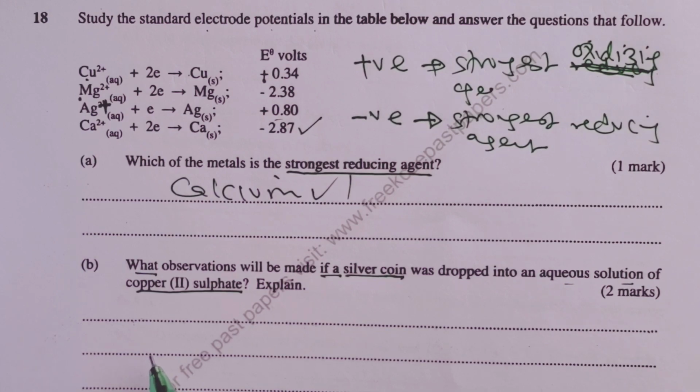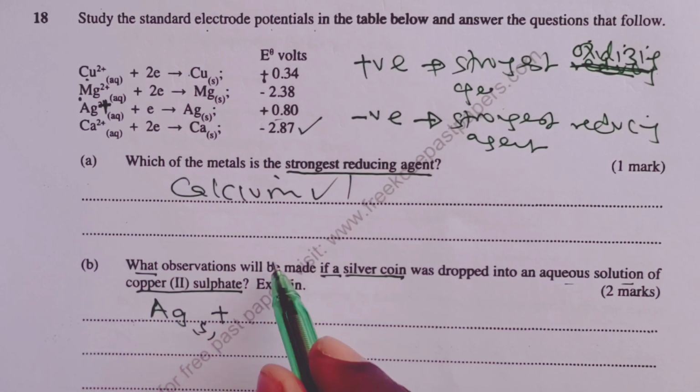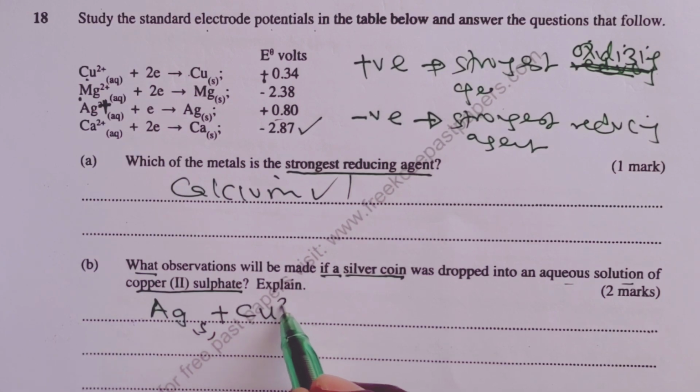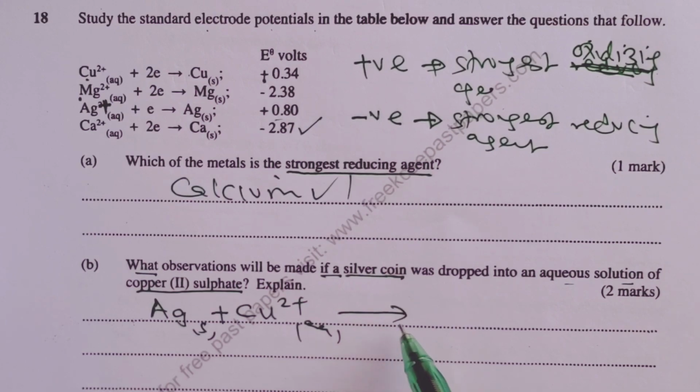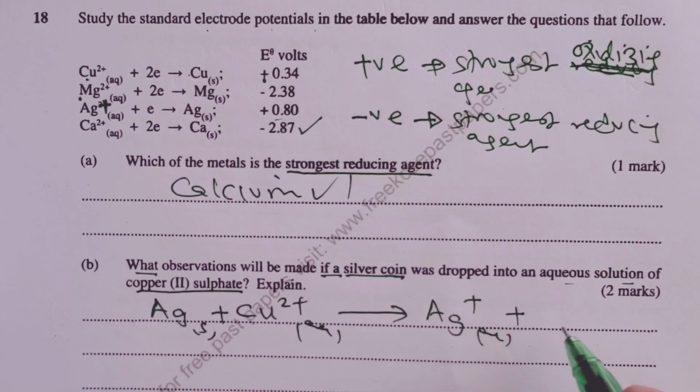So the first thing that we needed to have done is to assume that when we drop silver into a solution that contains copper ions, then a reaction would occur where silver would actually displace copper, as represented by this equation here.